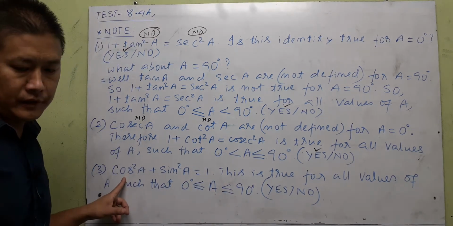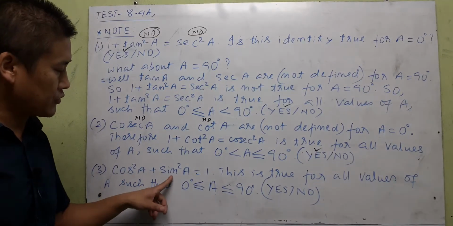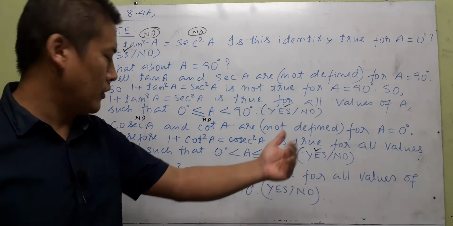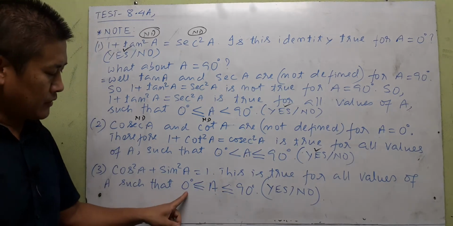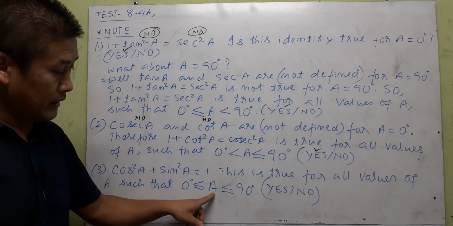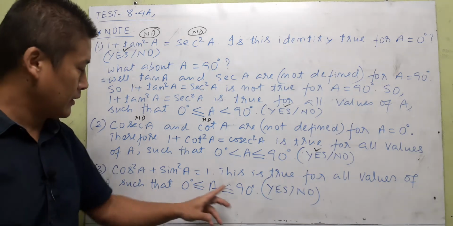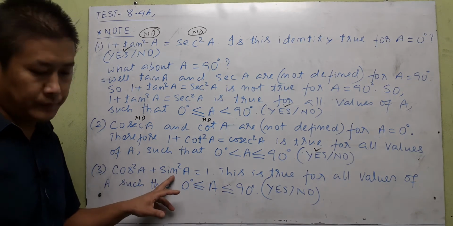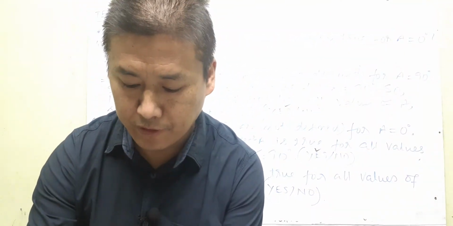Similarly here, now finally, cos square a plus sin square a equal to 1. This is true for all values of a such that 0 degree is less than or equal to a, and a can be less than or equal to 90 degree. Because for cos and sin, if you check the table on page 193 of the textbook, none of the values are undefined.